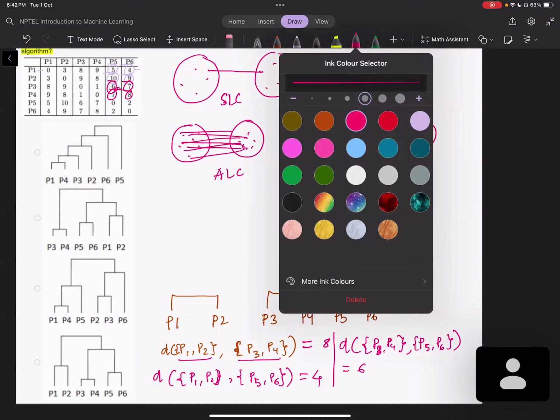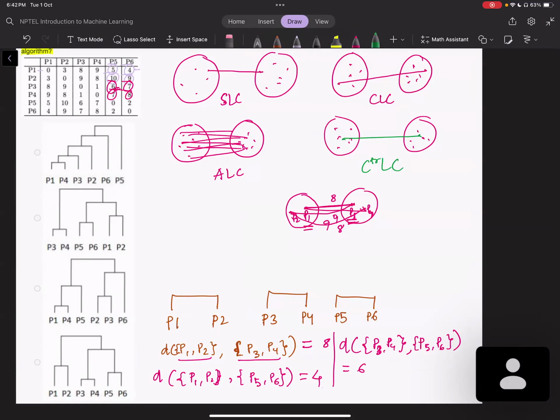So out of these 3 distances, you see that 4 is the smallest distance, right? So hence P1, P2 and P5, P6 will be connected. And now there are finally 2 clusters, and we just connect them.